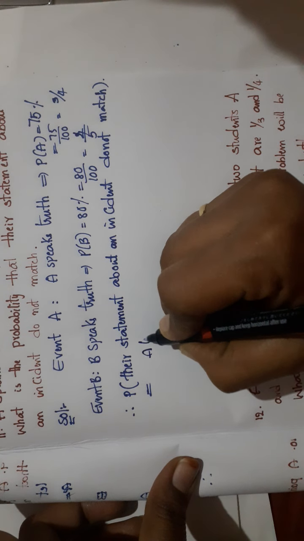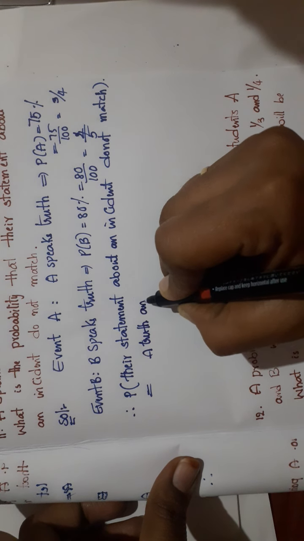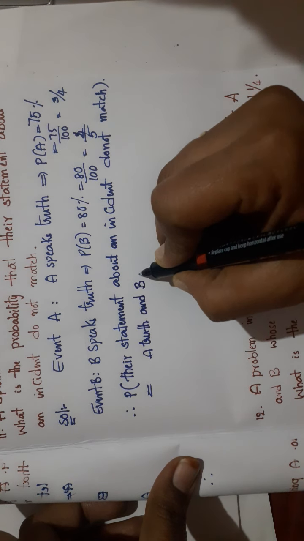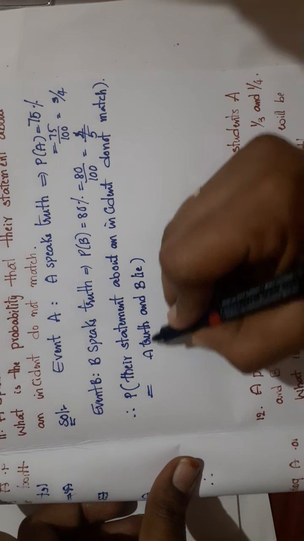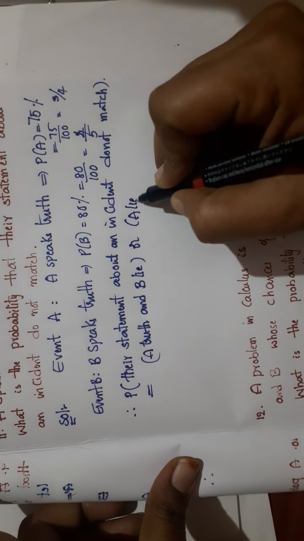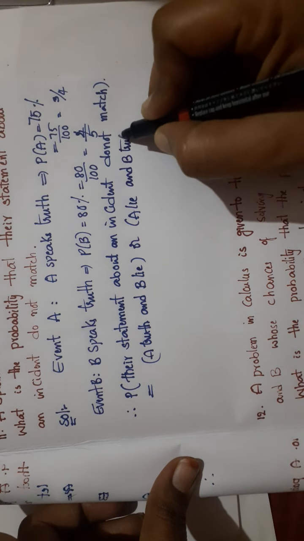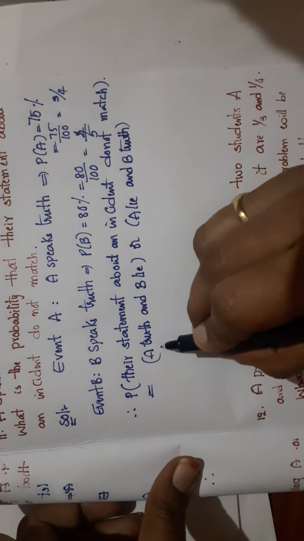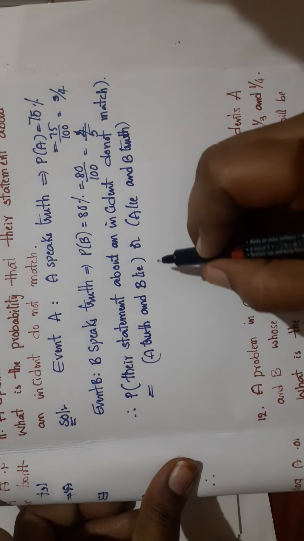A speaks truth and B lies, or another possibility, A lies and B speaks truth. These are the two possibilities we have.